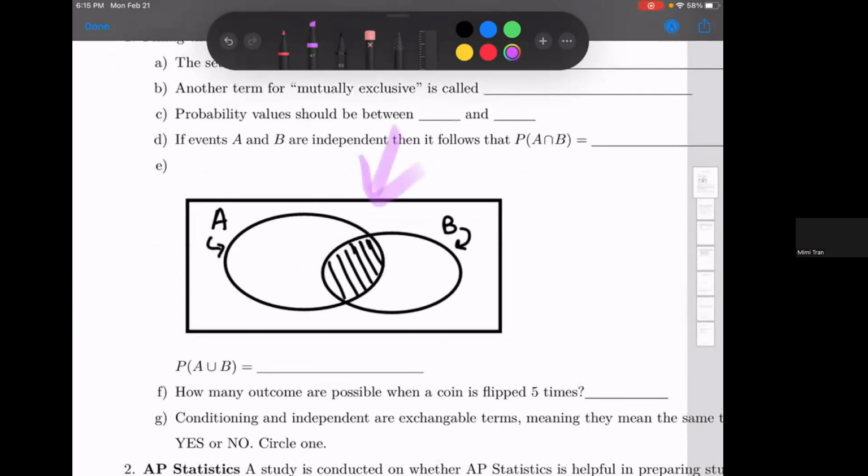I can test it a little bit differently and ask you what is the P of A or B. So this means or, and the cap is and, right? And I ask you what is P of A and B, right? I can change it a little bit. It doesn't have to be two intersecting ones, it doesn't have to be two separate ones. I can do it like this.